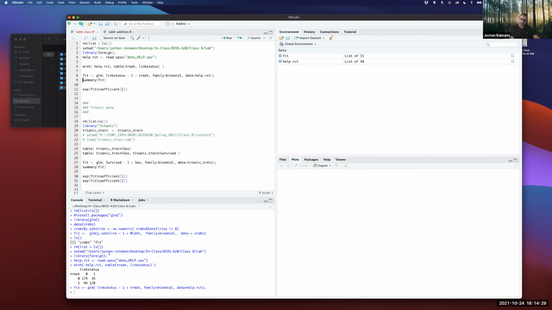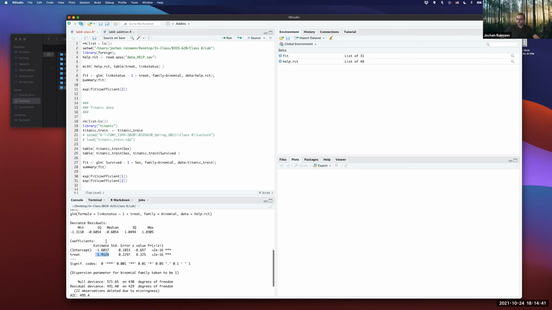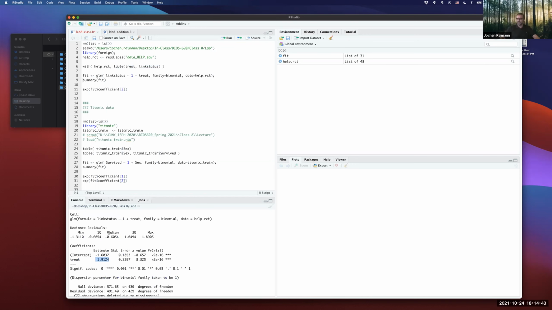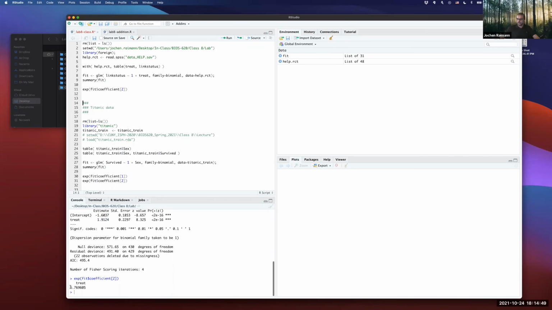So if we do summary(fit), we see this fit file that we have discussed in class. With being treated, we have a higher probability of odds for risk. So exponentiating that will allow us to get the odds ratio for being linked to the primary care physician when being treated.